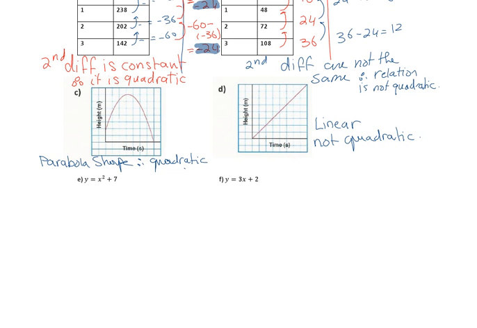If you look at this example right here, your highest exponent is 2. That's quadratic, so that's a quadratic equation. Second one, highest degree is 1.